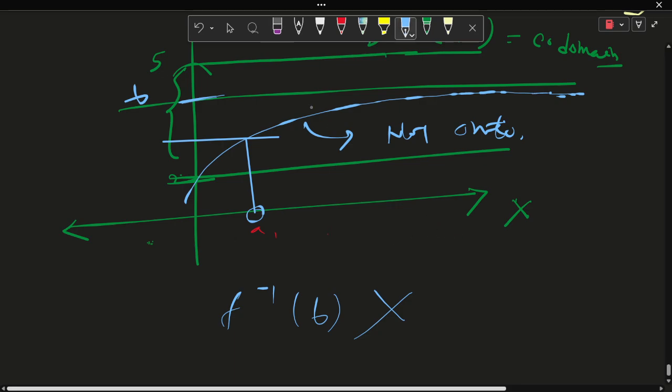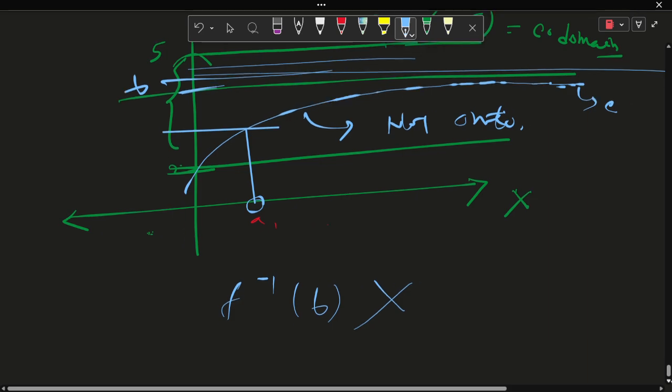Here the horizontal line does not intersect the curve, so there is no preimage of B. So this is the horizontal line test for onto, right?